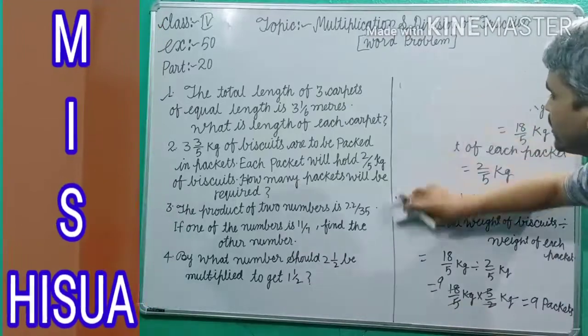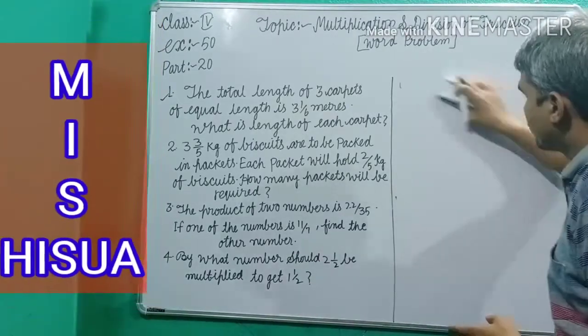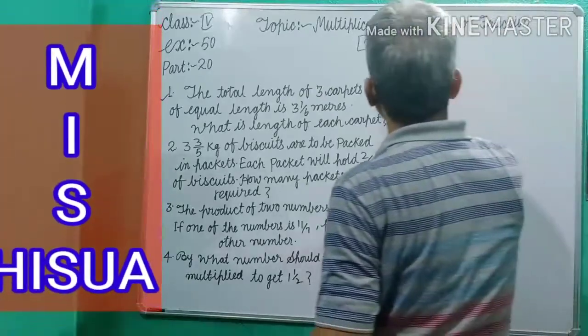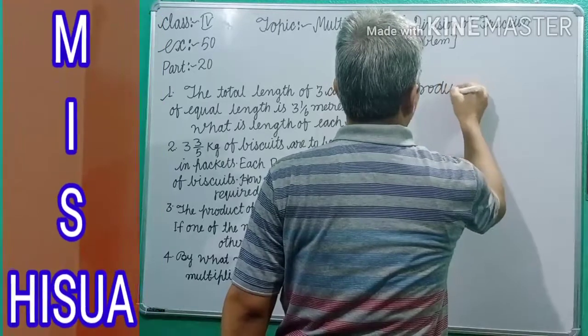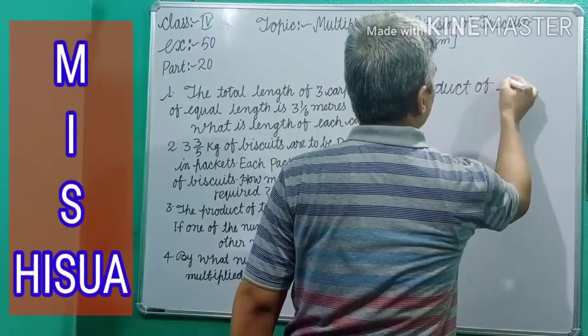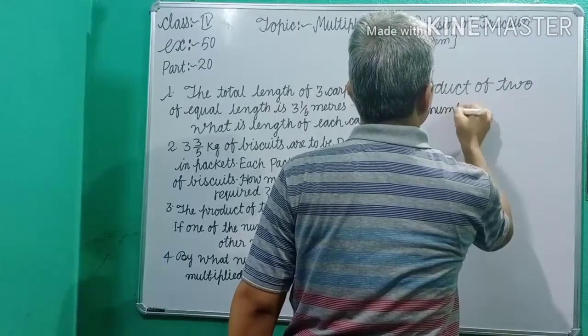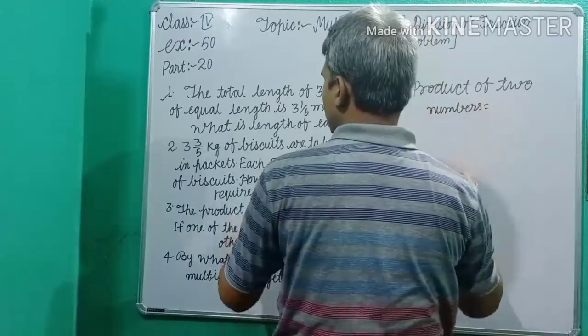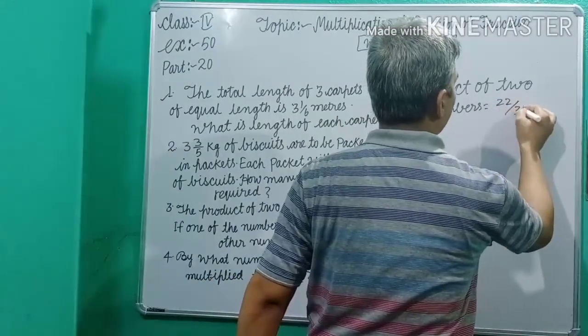So, dear students, here at first you write down the product of two numbers is equal to 22 by 35.